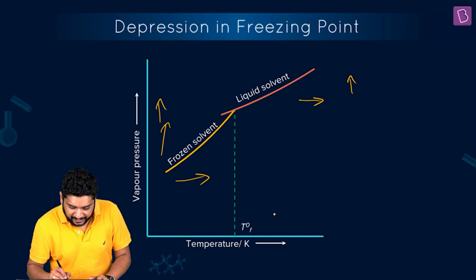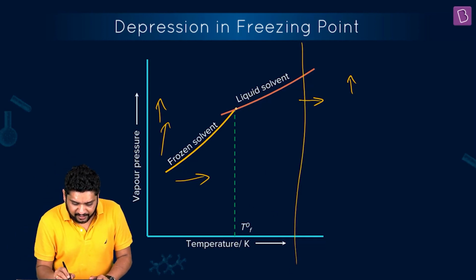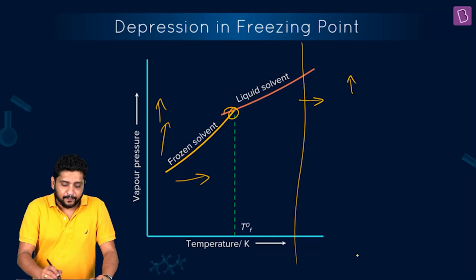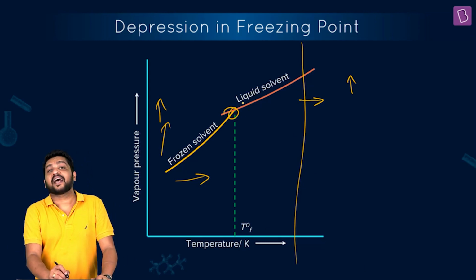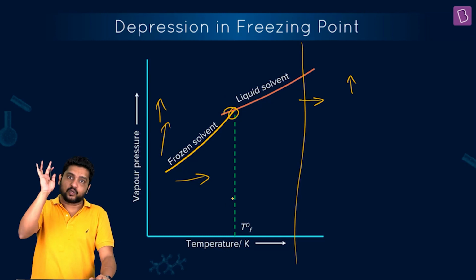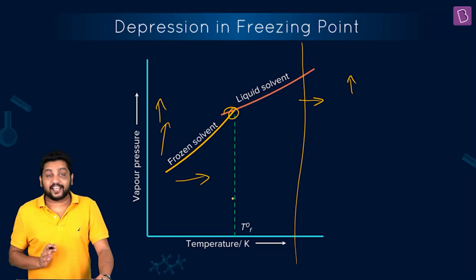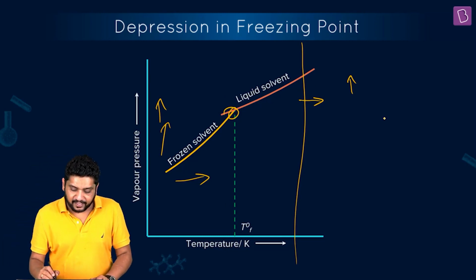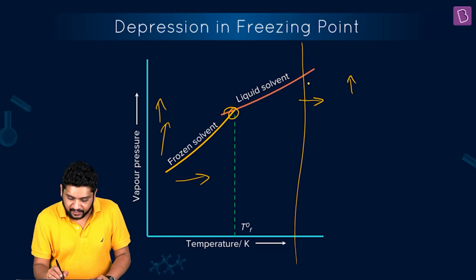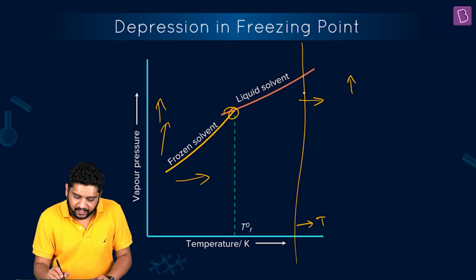So this is the original freezing point that was there, the liquid and frozen solvent having the same vapor pressure. This was the original freezing point, which is written as T0F. Now, let's say I'm looking at some particular temperature T. At that temperature, if I'm looking at the solution, there will be a reduction in vapor pressure.